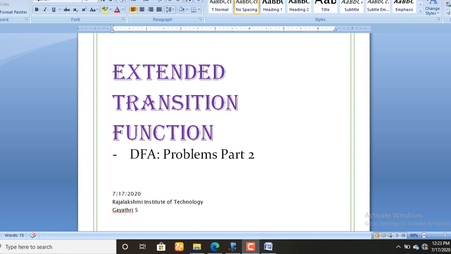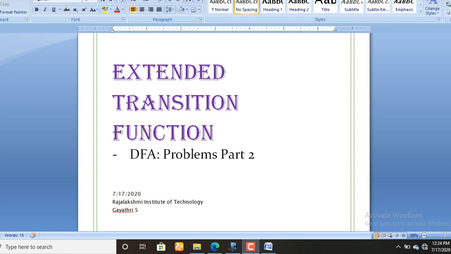We can represent the transition function with the symbol delta. A transition function starts with a state, takes a symbol or an alphabet as input, and moves to another state. This is the actual mapping that happens in the transition function, either in the transition diagram or in the transition table.